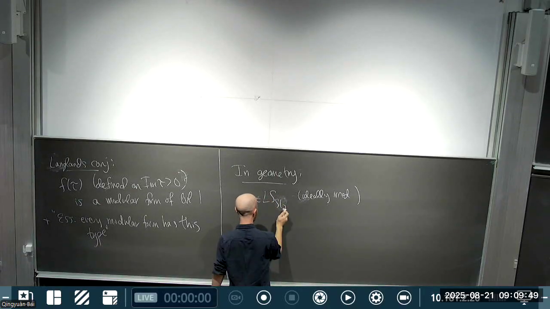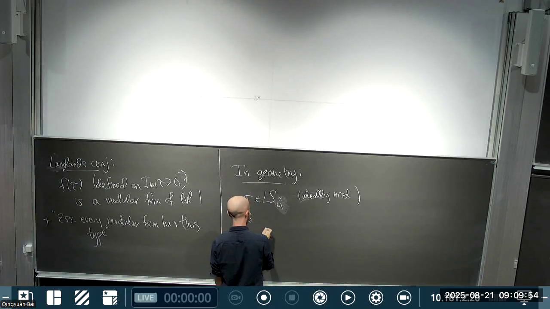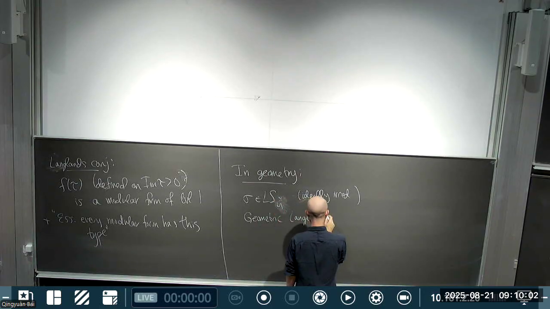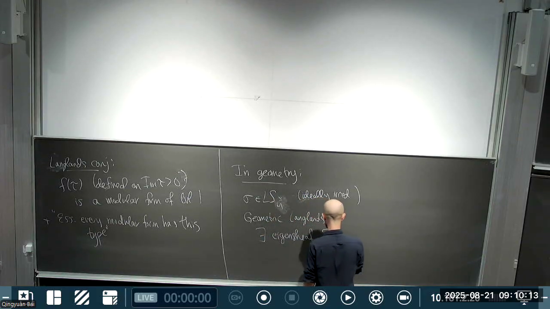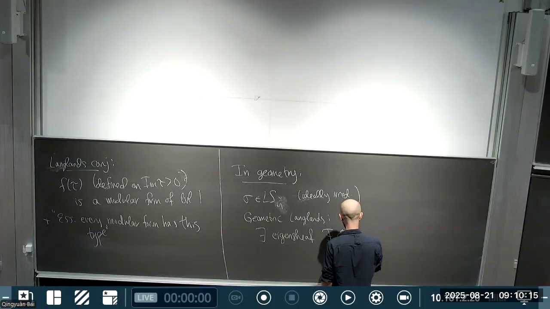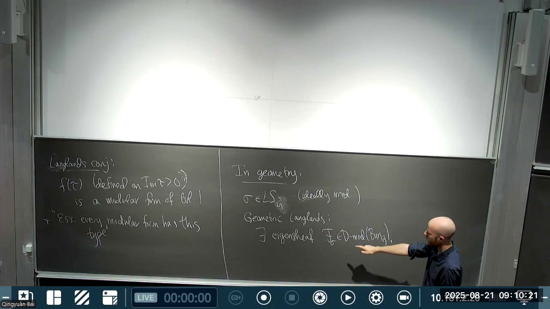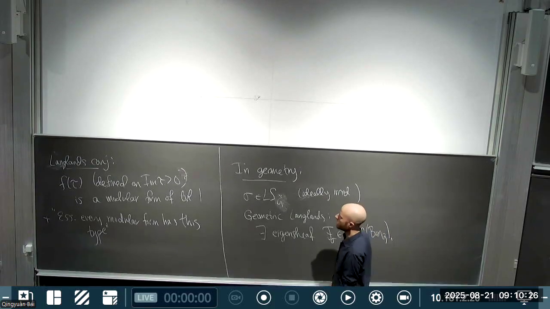I'll just do it for general reductive groups for a second. Then what geometric Langlands in a baby form says is that there exists some very nice eigensheaf called F sigma, which is supposed to be some sort of D-module sheaf on G. And what we want to do is imagine what this eigensheaf is supposed to look like.